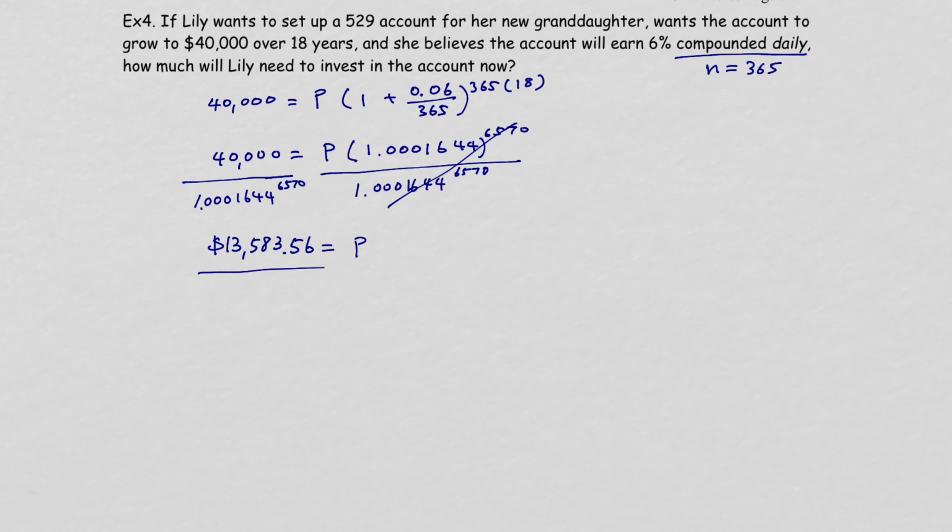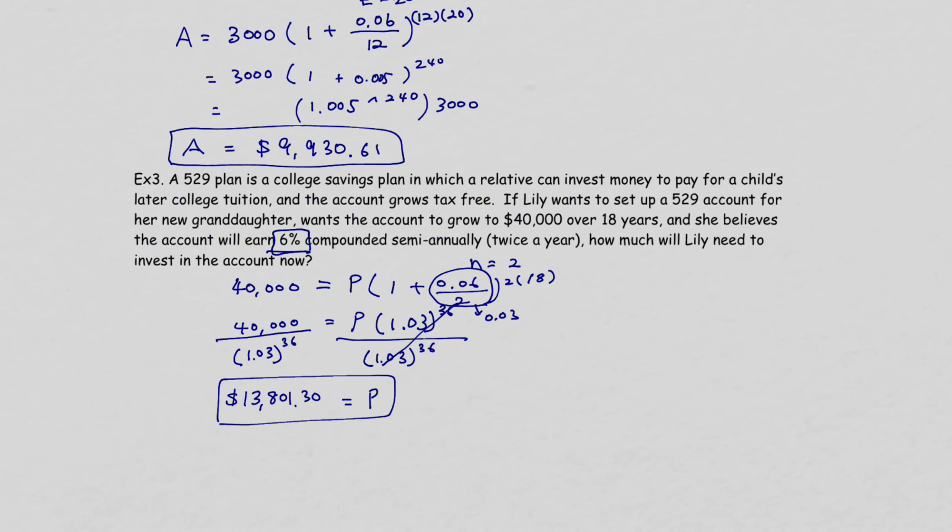So if you start with this amount, after 18 years, you're going to make it 40,000. If you wanted to compare with the example before, if it was compounding semi-annually, so this is the only thing different, semi-annually, right? When n equals 2, your principal has to be 13,801.